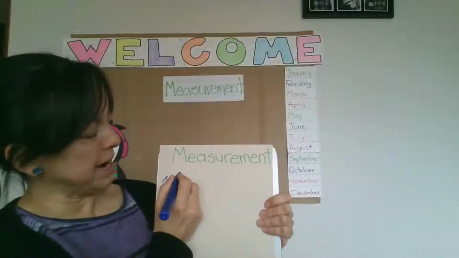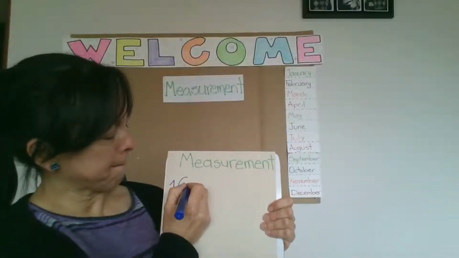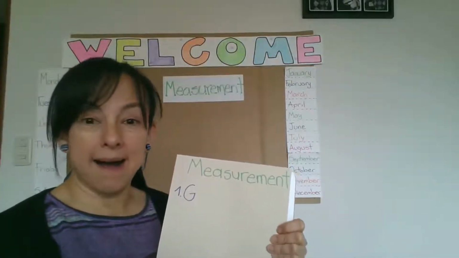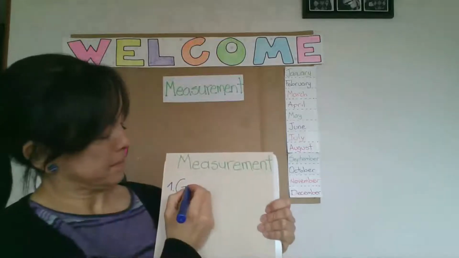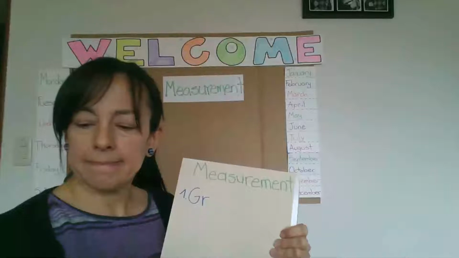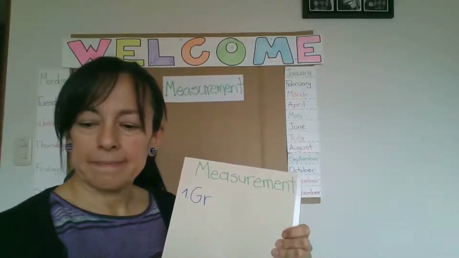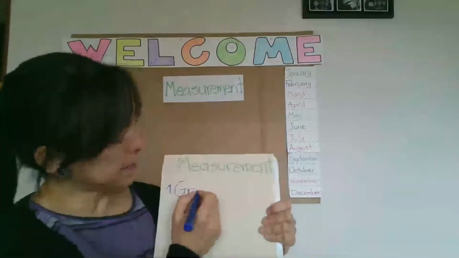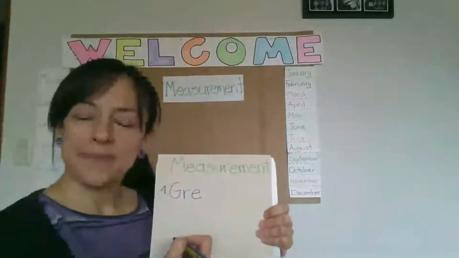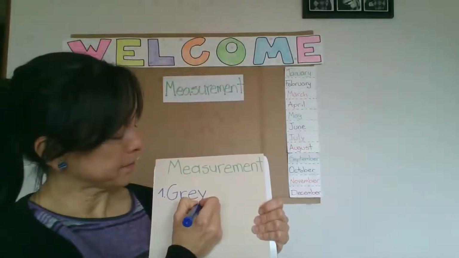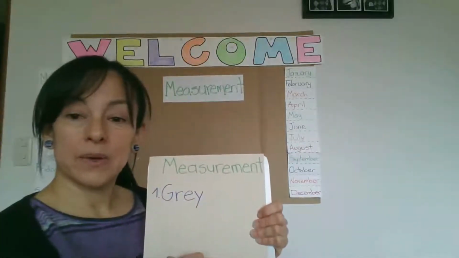So we begin with a capital letter G. Letter R. Letter E. And letter Y. Gray, gray.